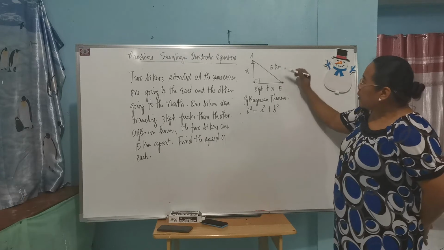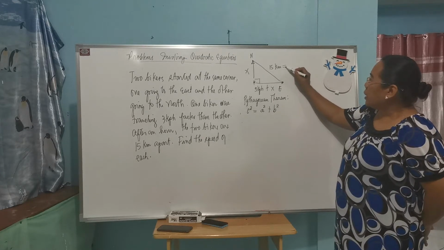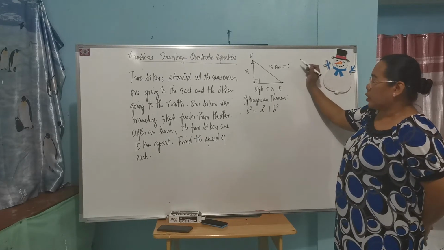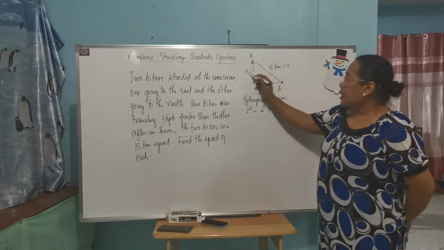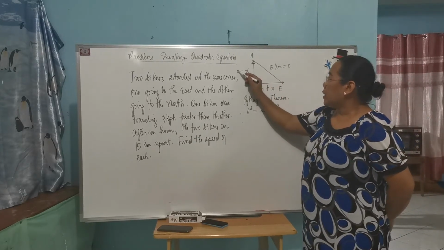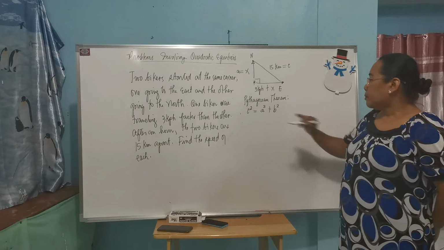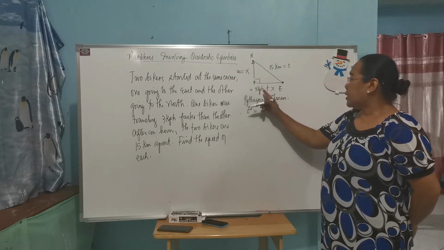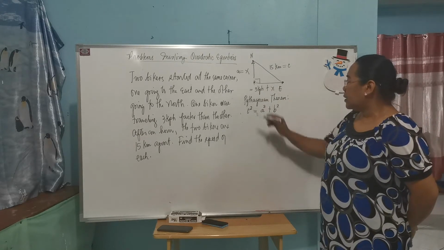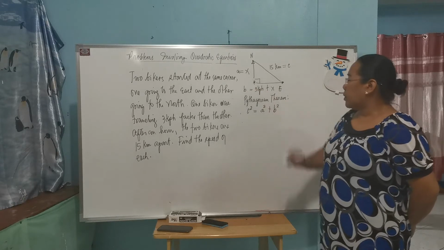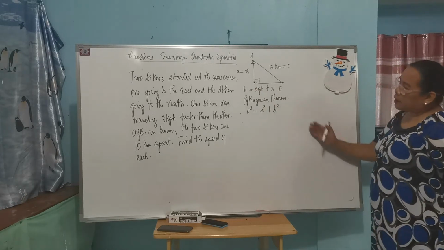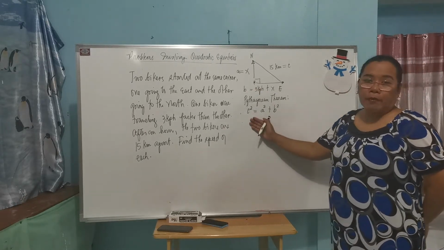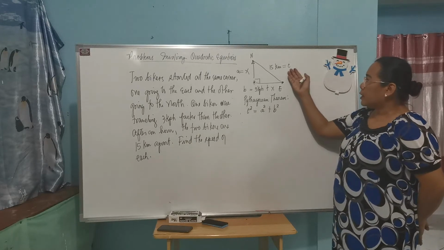So, in our illustration, 15 kilometers here would be our hypotenuse. Our x is our altitude. It is vertical. And our base is 3 kilometers plus x. And that is our base. So substituting in our formula for the Pythagorean theorem, this is your c.